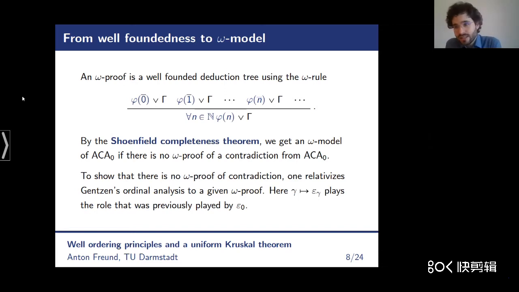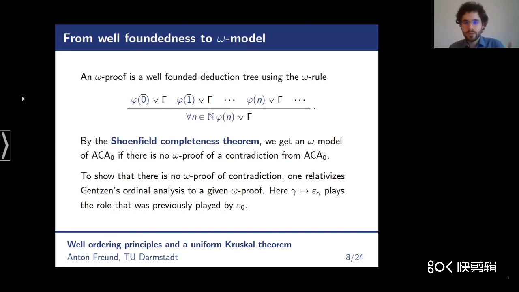And now, just as there is a completeness theorem for usual proofs in predicate logic, there's also a completeness theorem for these omega proofs, and that's the Schütte completeness theorem. Now, as a special case, and actually the central special case of completeness, you get the statement that if a theory is consistent, then you get a model for this theory.